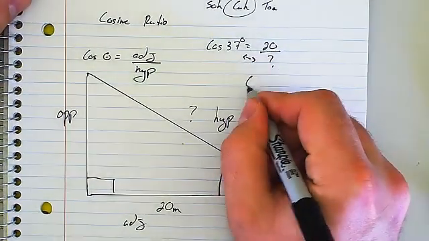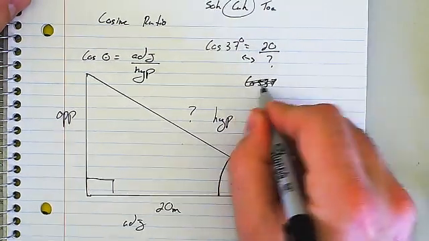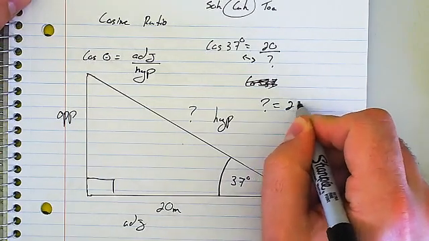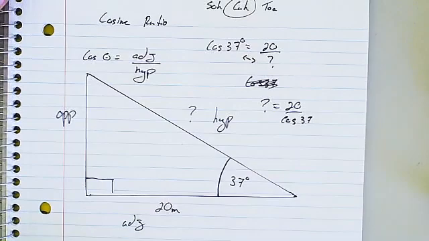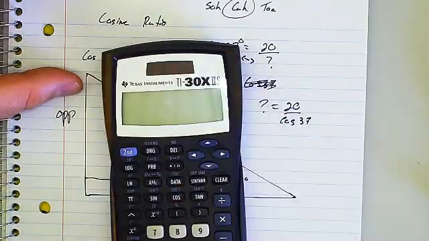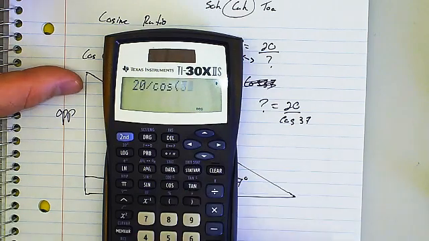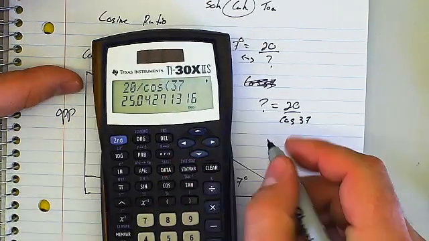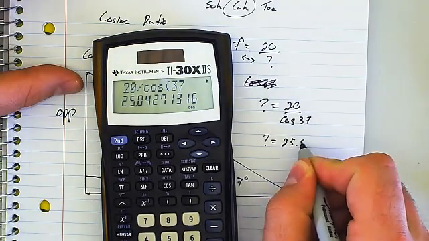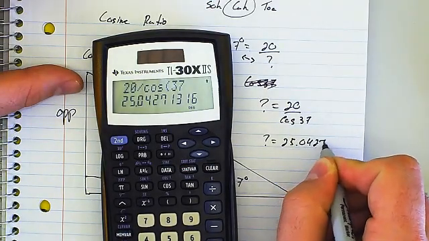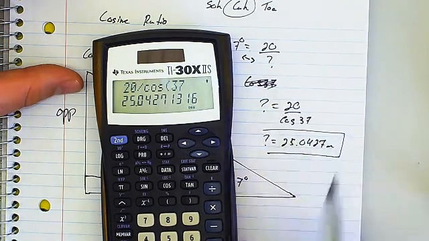Just like last time, we can do it the long way, or we can do the shortcut: our unknown equals 20 divided by cos of 37. So 20 divided by cos of 37 gives us an unknown side length of 25.0427.